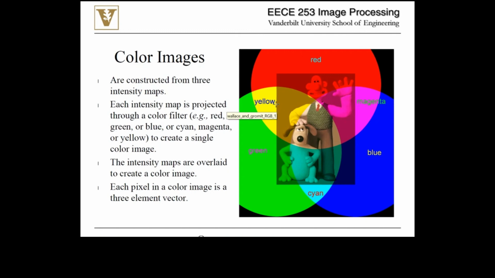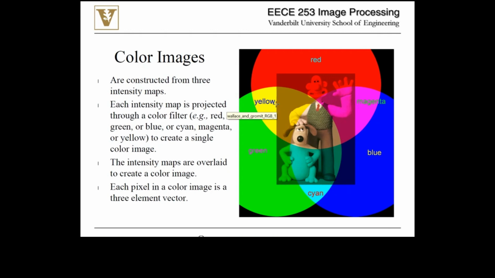So for instance, let's say I want to represent a yellow pixel. What I can do is to take green photons, so photons of a wavelength corresponding to green, photons of red, and then project them onto the same point.